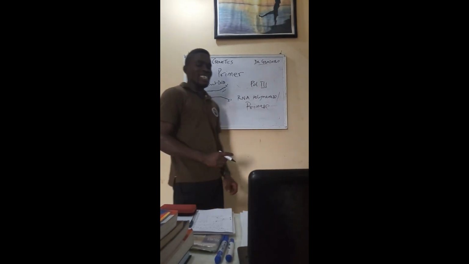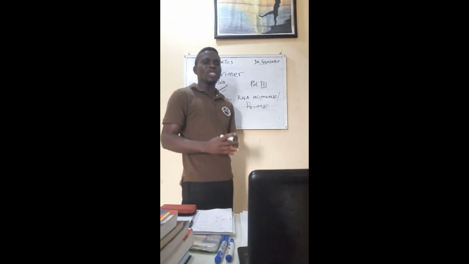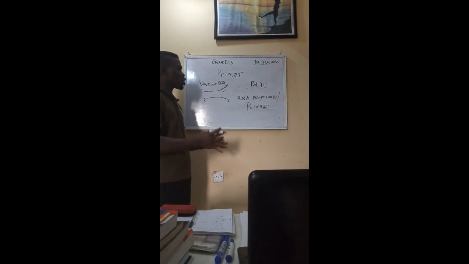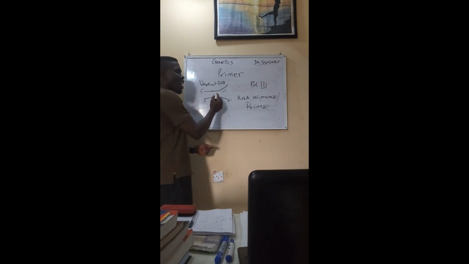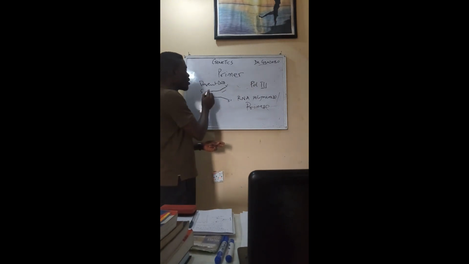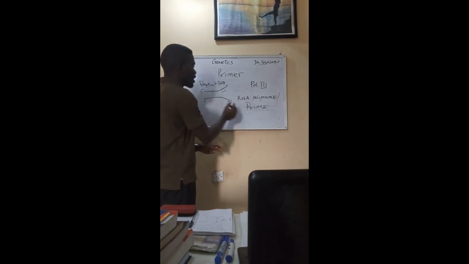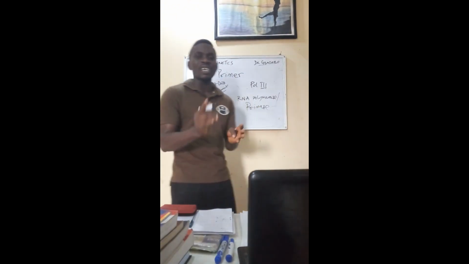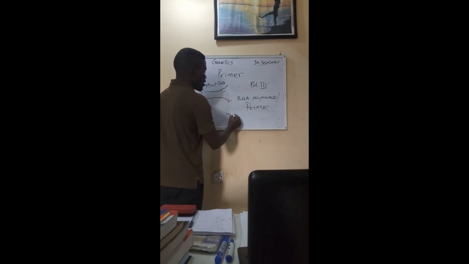So this primase is the enzyme that is responsible for building a short sequence of nucleotides at the unwound and growing DNA strands on the parent DNA. This short sequence is usually about 10 nucleotides.